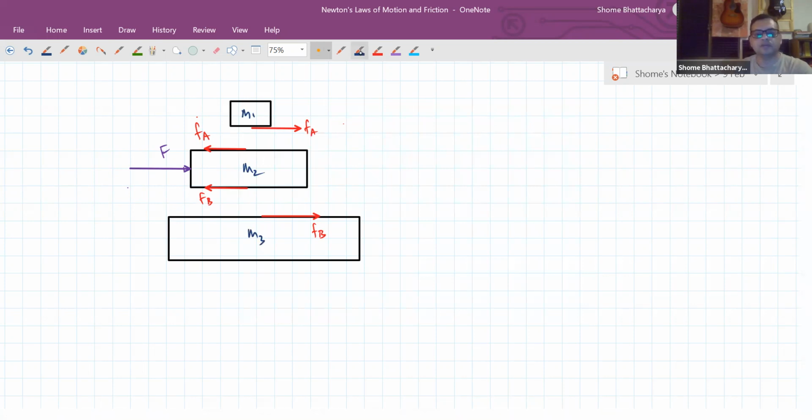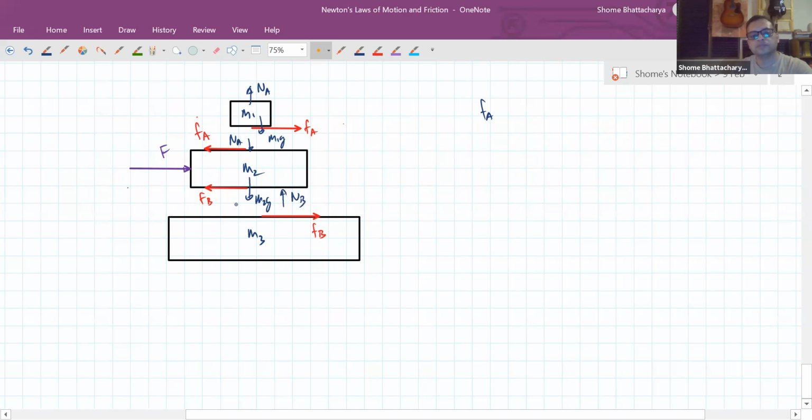Now we can also see that FA has a maximum value. So the vertical forces, let's first figure these out.